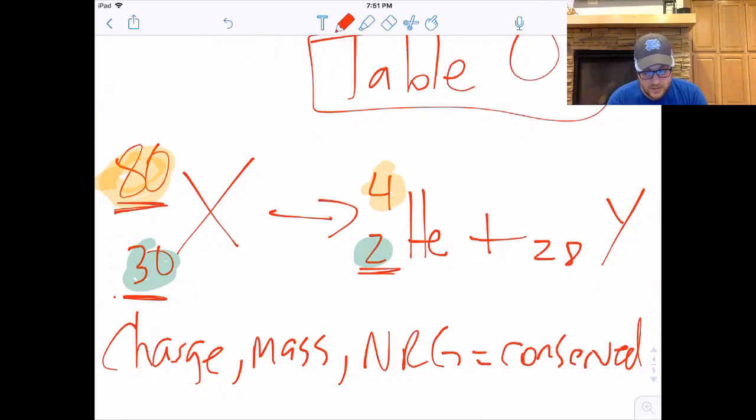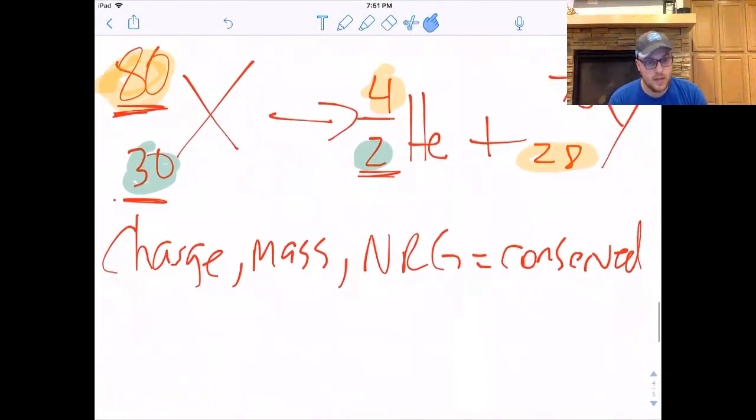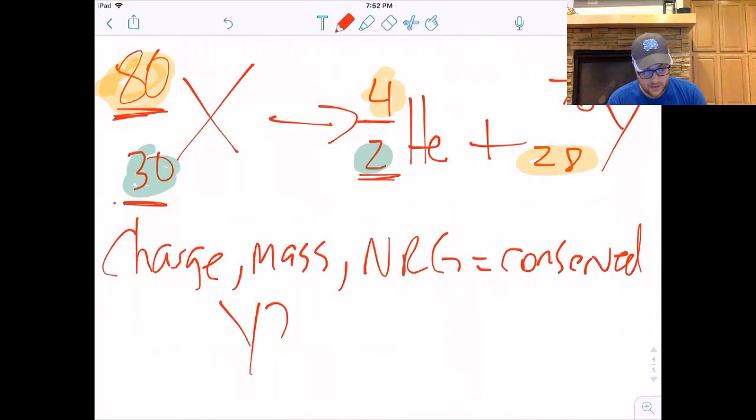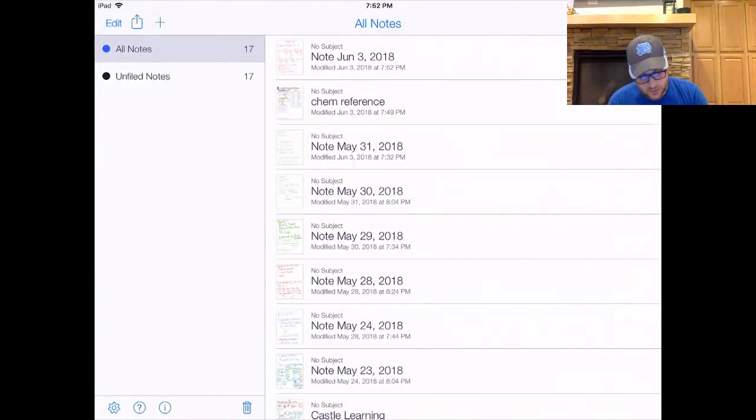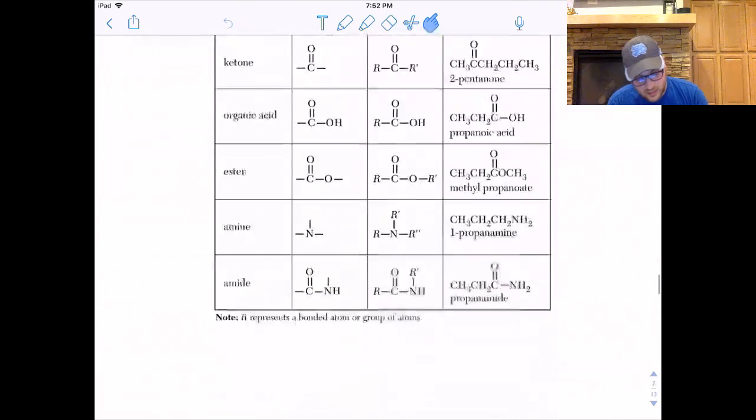What plus 4 is 80? 76. Now when you finish this problem, especially if it's not multiple choice, go to the periodic table and look up what is atomic number 28. Who is Y? It's a little tedious, but you go to the periodic table and you discover that atomic number 28 is nickel.